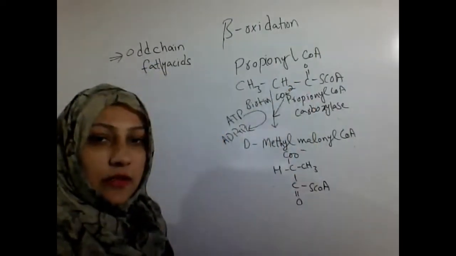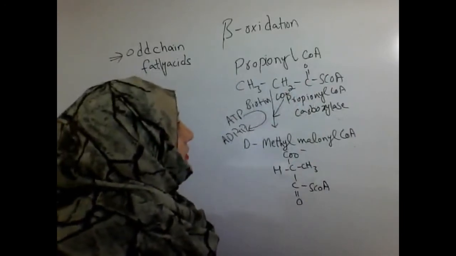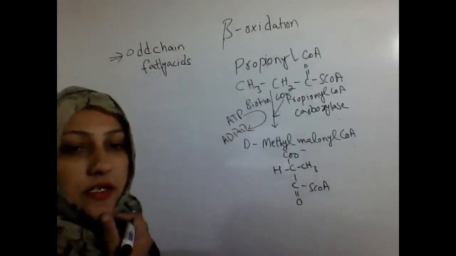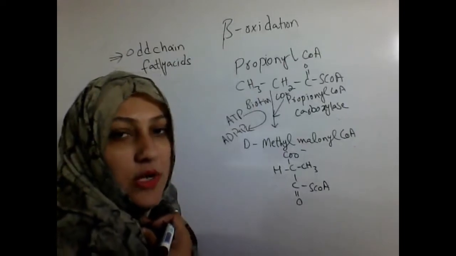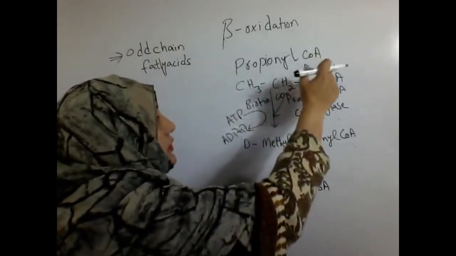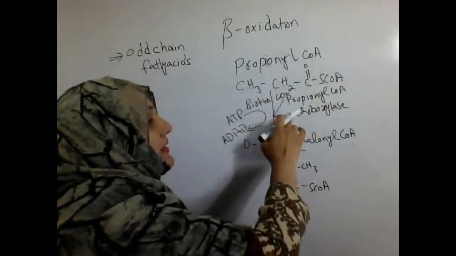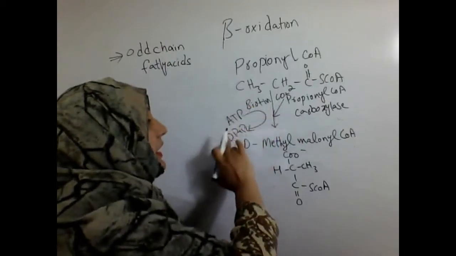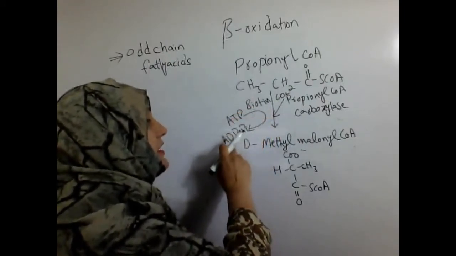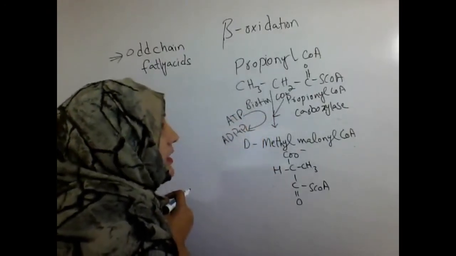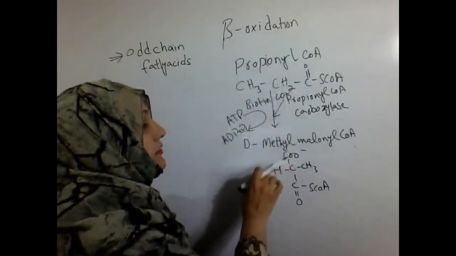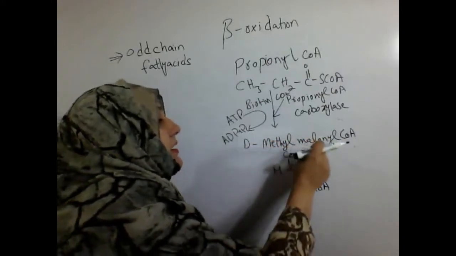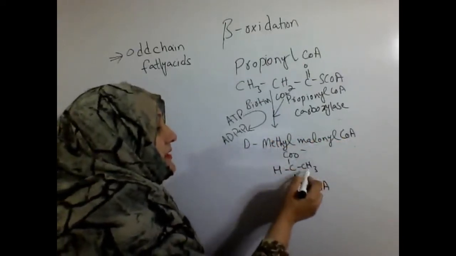In the first step of the oxidation of propionyl-CoA produced during the beta oxidation of odd chain fatty acids, this propionyl-CoA, CH3 CH2 C double bond O S-CoA, by the enzyme propionyl-CoA carboxylase in the presence of biotin and by the conversion of ATP into ADP plus phosphate, by incorporating carbon dioxide into the molecule, is converted into methylmalonyl CoA.